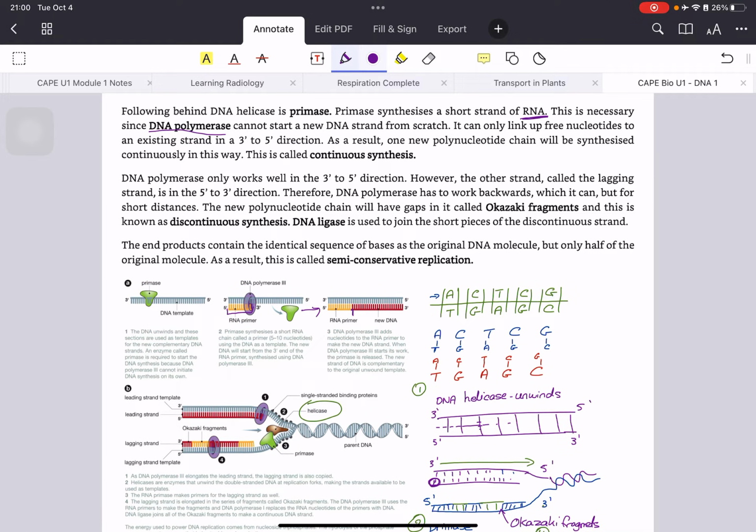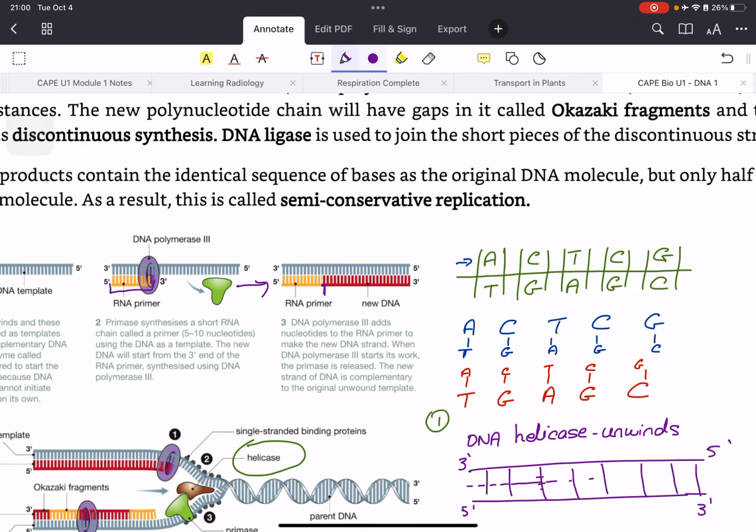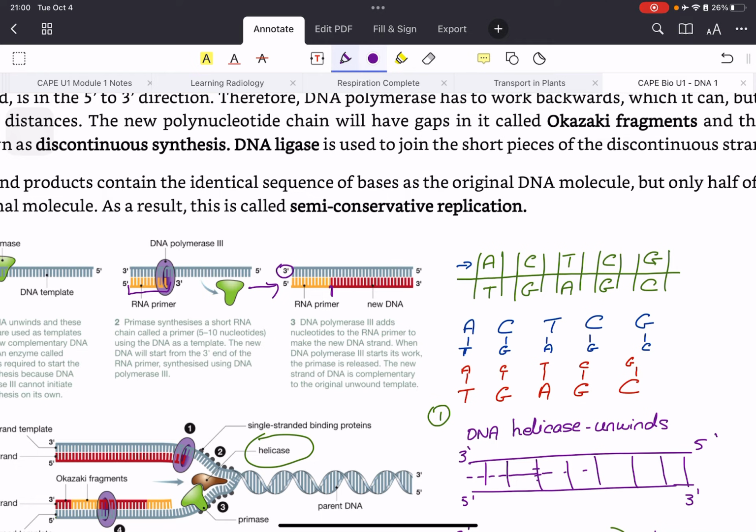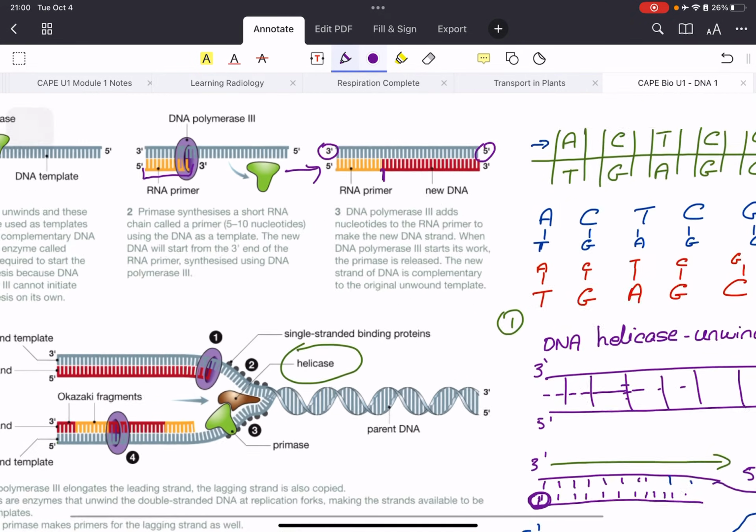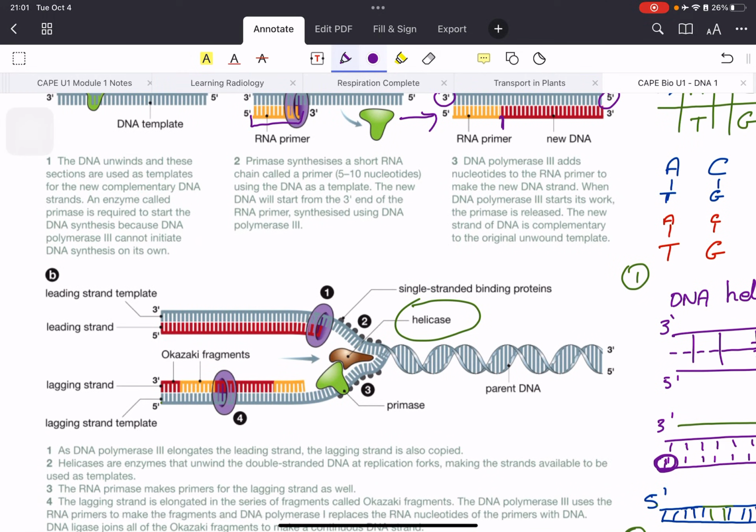So that is in the 3' to 5' end. As you can see, when the chain unwinds, one of the chains is going to be the 3' to 5' end. All right, that's 3 to 5 here. And then the one on the bottom is going to be the 5' to 3' end.